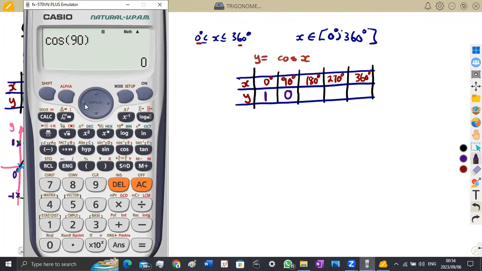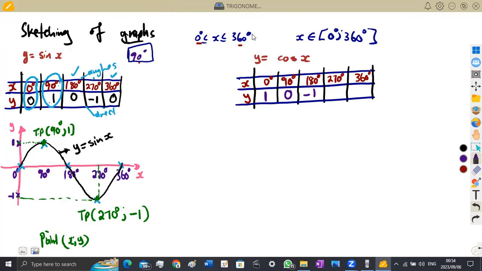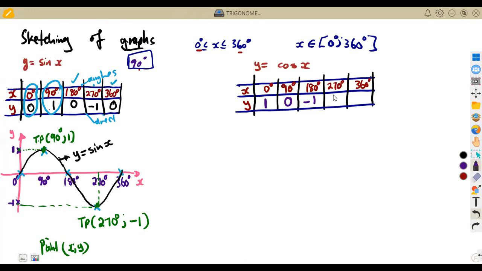We do the same thing on 180. If we put 180 degrees here, that will be a -1. So you're going to see that this is going to affect us on and so on. On 270, you're going to obtain a 0, at 360, a 1. All right, so this is what we have.